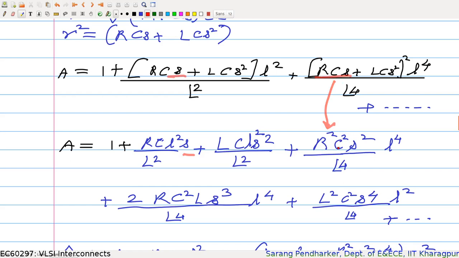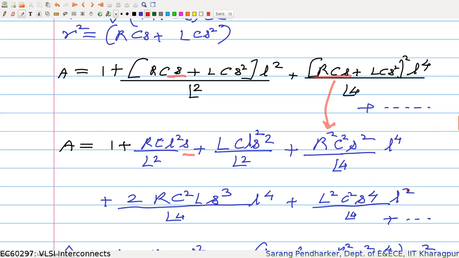this, right? R square C square S square by factorial 4 into L to the power 4, plus then you have 2AB. So you have 2 RC L divided by factorial 4 S cube L to the power 4, and then you have a term of L square C square S to the power 4 by factorial 4.